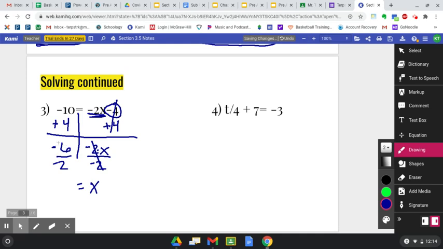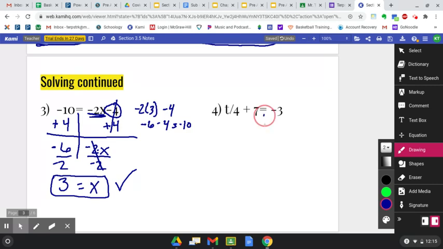Remember, two negatives, look at your integer rule chart. Two negatives in division equals a positive 3. Again, get used to checking your answer. Does negative 2 times our solution of 3, minus 4, work? Negative 2 times 3 is negative 6, minus 4. Does that equal negative 10? And that checks.